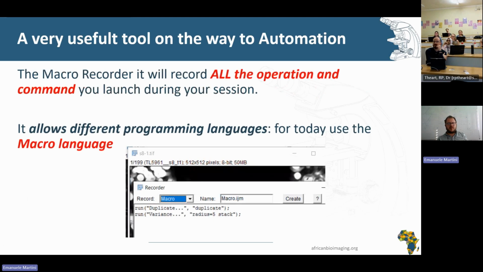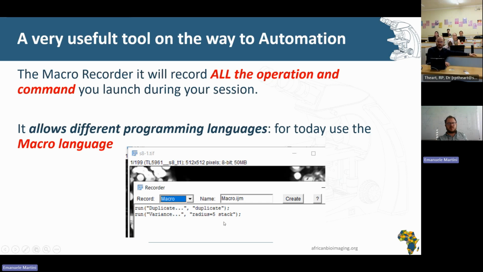So, for example, in our case, if you remember, we started by duplicating our image. We applied the variance filter, and so the duplication is recorded as duplicate. The variance filter is recorded with run, variance, radius. We put 5, so it also takes the argument and the radius we put.